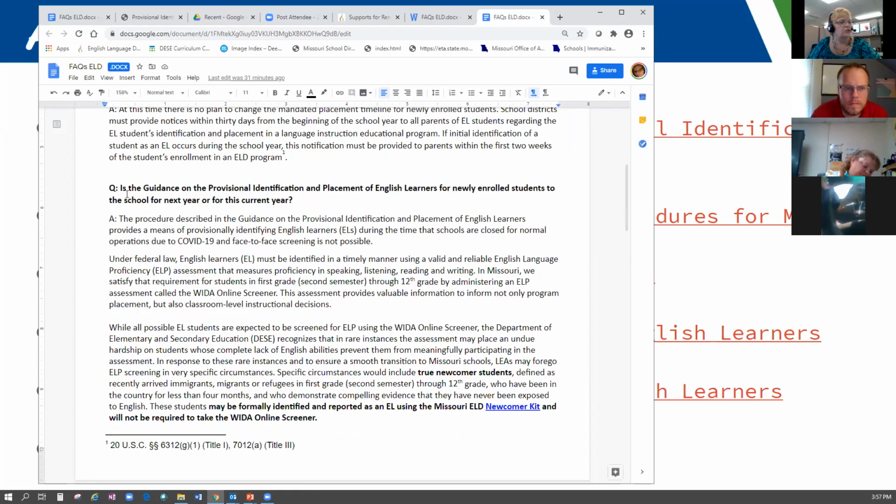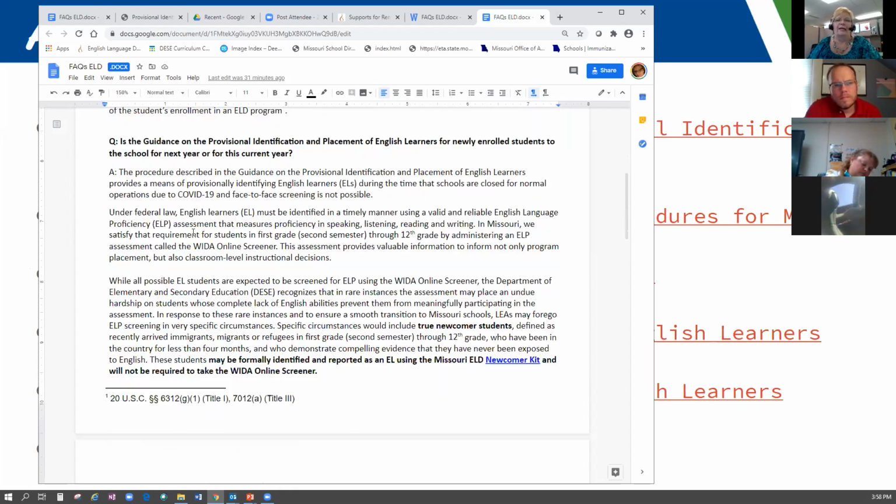The second question says, is the guidance of the provisional identification and placement for newly enrolled students for the COVID time or for the current year, and it's going to remain in effect until we get fully face-to-face again. So if you are remote, then that screener is still an option for you.